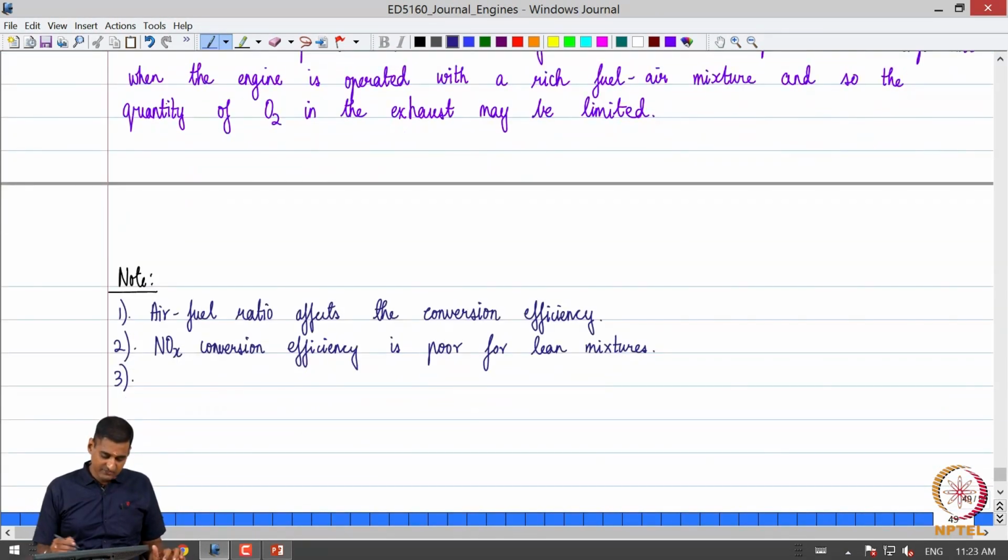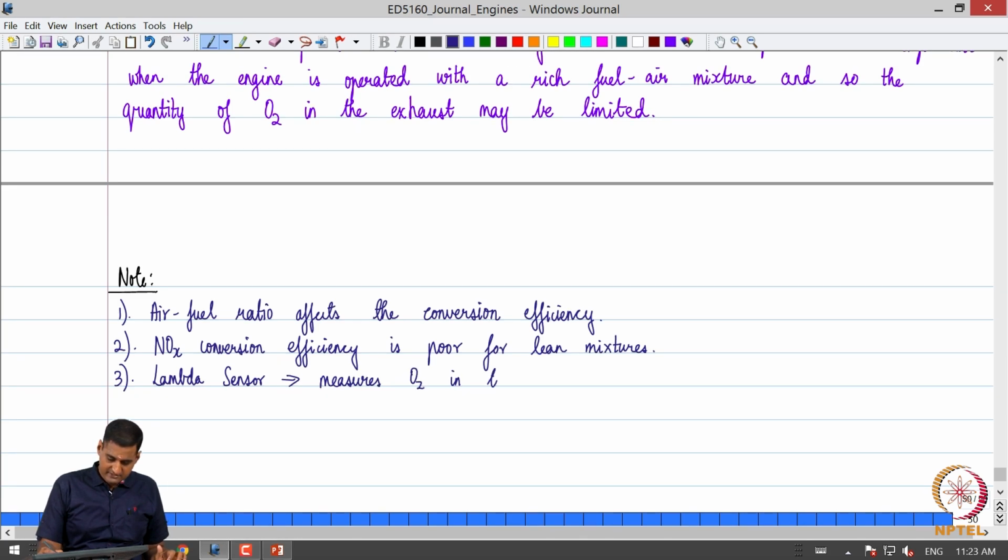Okay. So, there is something called a lambda sensor that measures oxygen in the exhaust stream upstream of the converter.